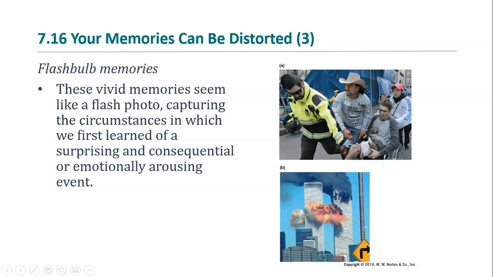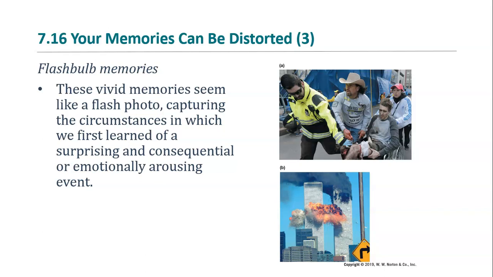Flashbulb memories are those memories for incredibly significant events that everybody remembers happening. Whether it's the Twin Towers 9/11, or the Boston bombing, the Challenger explosion, in earlier generations, the Kennedy assassination, or Pearl Harbor.